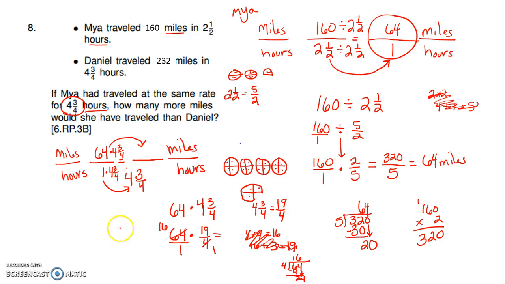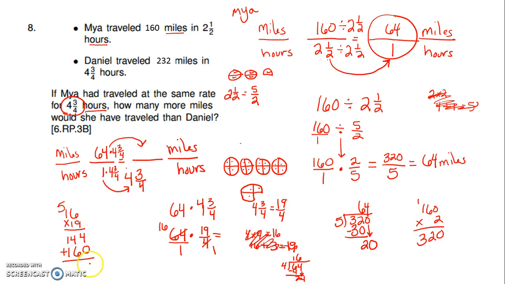So I'm going to go ahead and long multiply that off to the side. There's a lot of work to this problem. 16 times 19. 9 times 6 is 54. Put down a 4. Carry a 5. 9 times 1 is 9 and 5 more is 14. 0 placeholder. We move to the tens place. 1 times 6 is 6. 1 times 1 is 1.